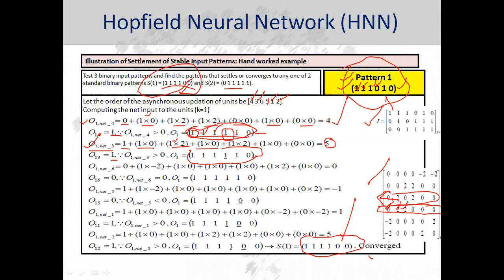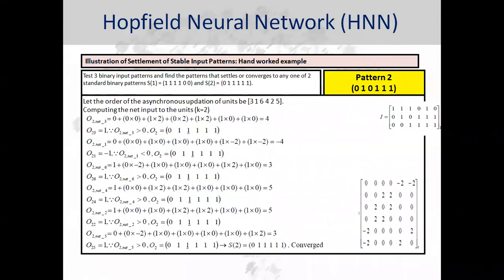We need to check for one more epoch whether the results are the same or changing. If they are changing, then we need some more epochs, some more iterations. If they stop changing, it means this is going to be the final pattern resulting as output. So this was the output for the first pattern.